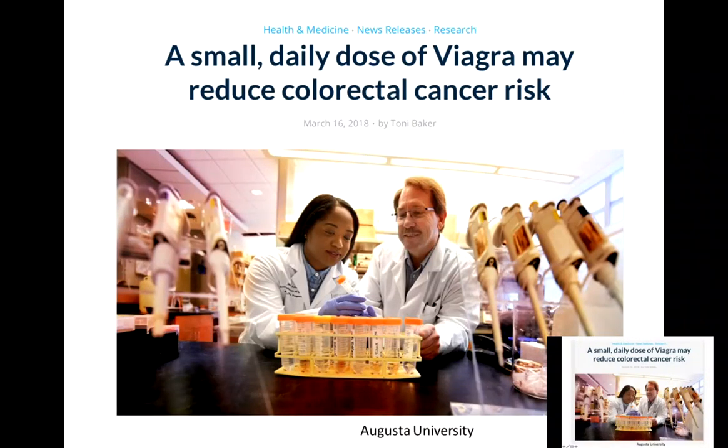Okay. There is also some use of the drug for other applications. In 2018, there was a study that a small dose of Viagra daily could reduce risk of colorectal cancer. These are in people who have a high risk of colorectal cancer. They have a family history of colorectal cancer.